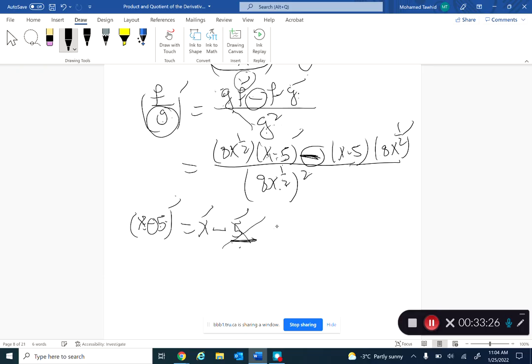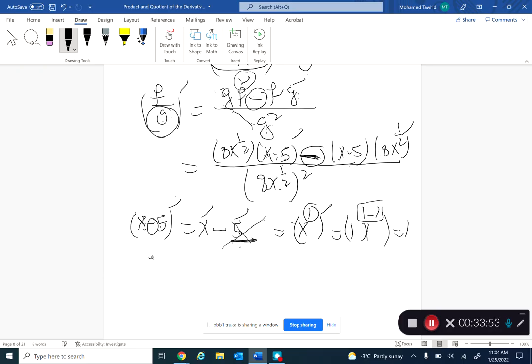So what is x prime? x prime is 1, because you have x to the power 1. What is your n? 1. I put 1 in front and then 1 minus 1. Then what did you get? x to the power 0, which is 1. Multiply by 1, you get 1. So x minus 5 gives 1, and 5 prime is 0. The derivative of any constant should be 0.